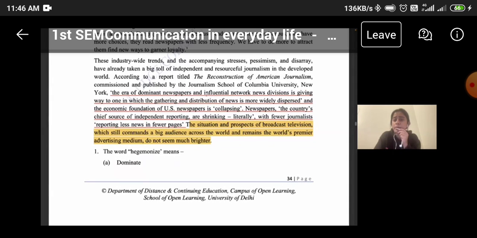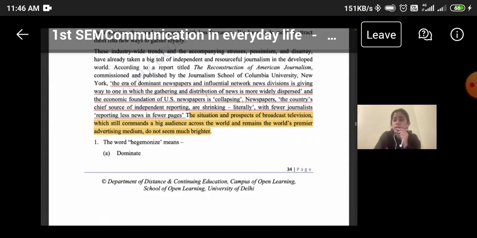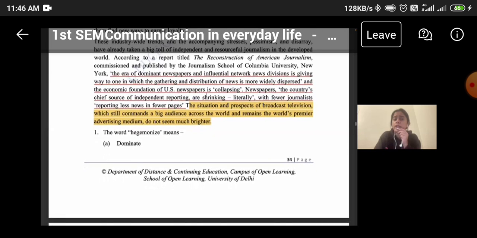These industry-wide trends and the accompanying stresses, pessimism and disarray have already taken a big toll on independent and resourceful journalism in the developed world.